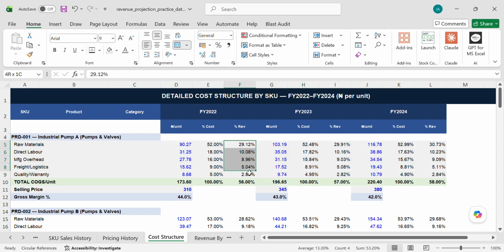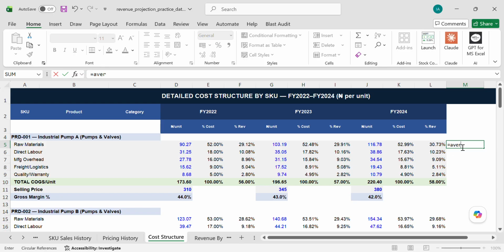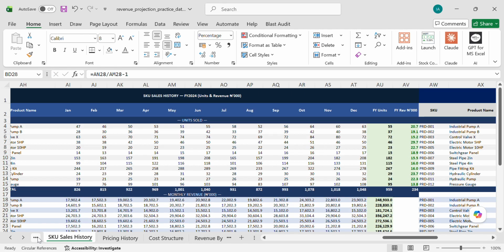So these are percentage of revenue for 2024, 2023, and 2024, right? So if you take averagely, this is 56%. If you take averagely, let's come here.